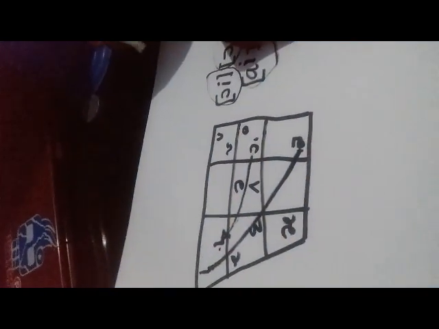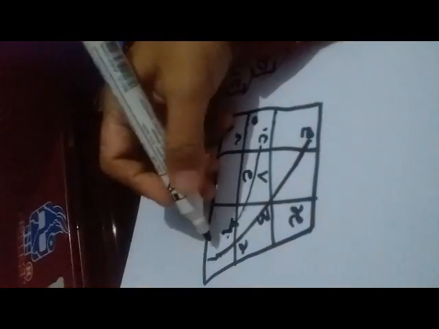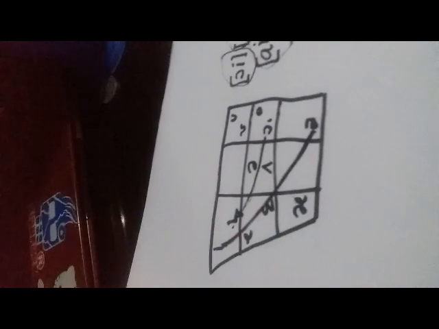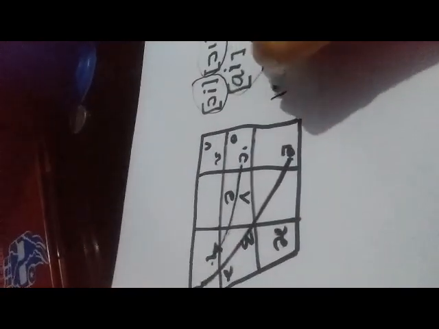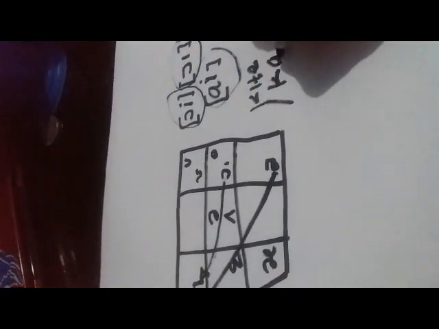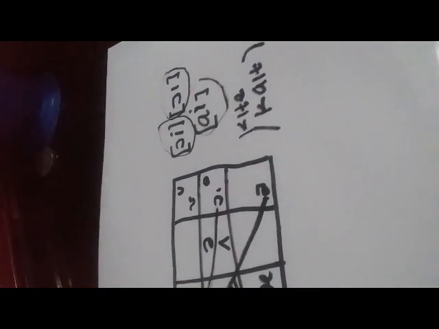Both of them have the same sound, I, as in kite, or toy. Your tongue is going to glide: oi, I, kite, toy.